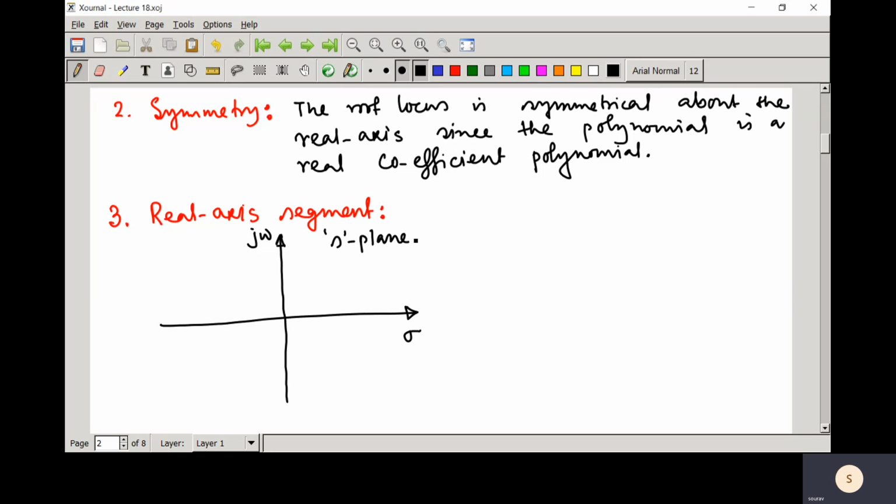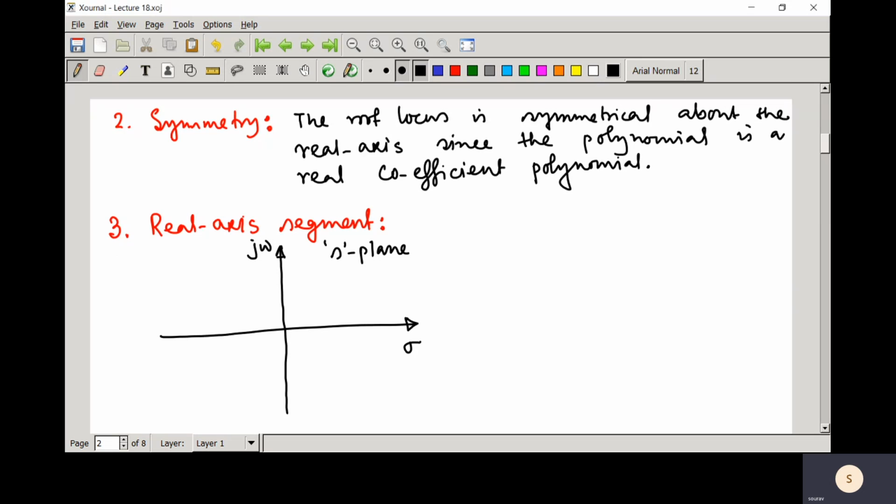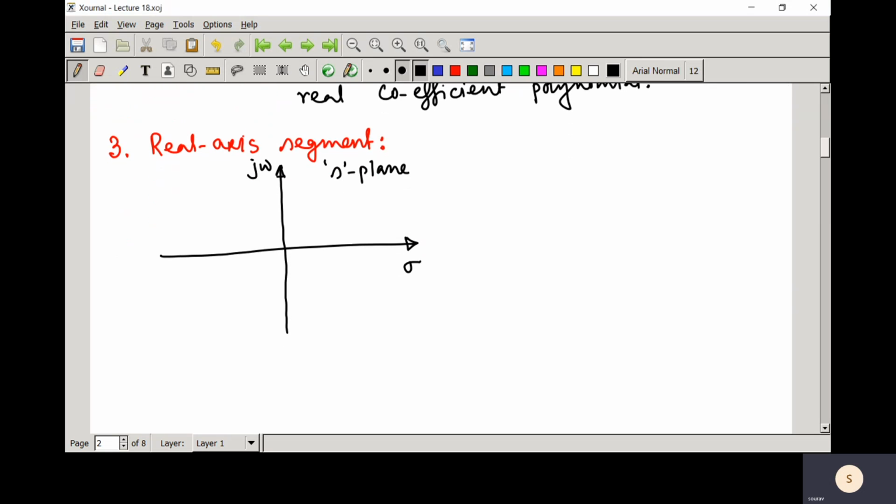Now we have seen from the pole zero plot, whenever an open loop transfer function is given, suppose in this case we have a pole here, another pole here, those poles are the open loop poles. So one pole here, and suppose you have a 0 here.